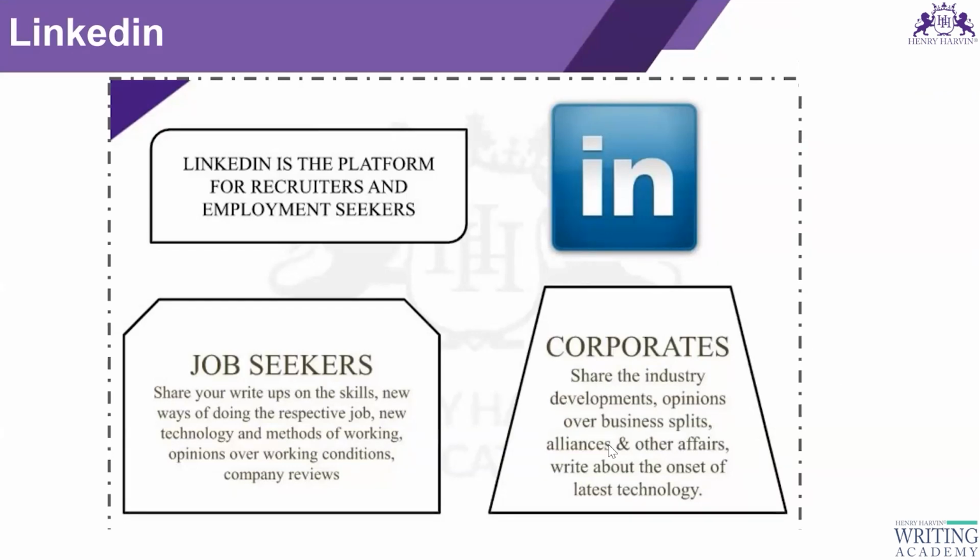Why is it called LinkedIn? Because it links you with important people, important business personnel that you may not otherwise come across. Suppose I have followed Ratan Tata, and he gives updates that he does not even provide on Instagram. I also follow him on Instagram, but he is not really active on Instagram.